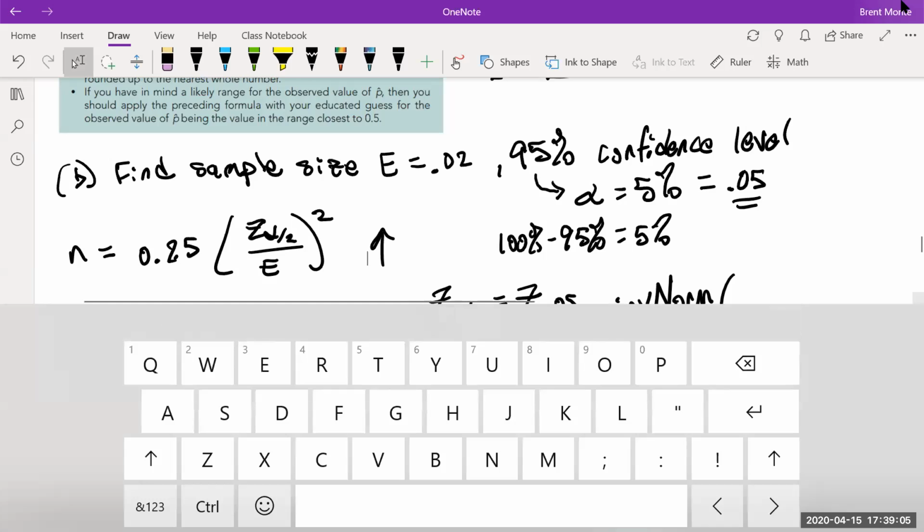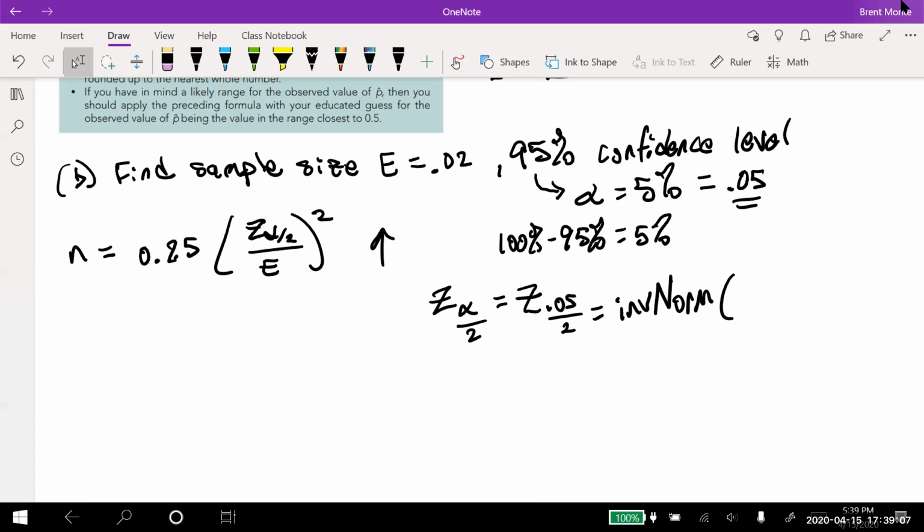On mine, it's always areas to the left. So I'm going to have to do the area to the left. So what I'm going to do is I'm going to do that 0.05 divided by 2. That's my area to the left.